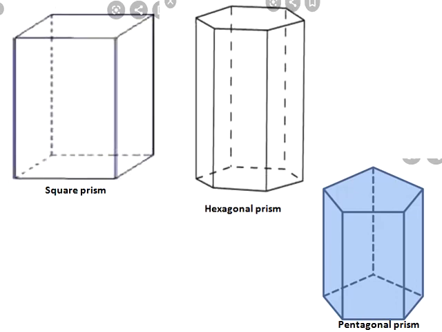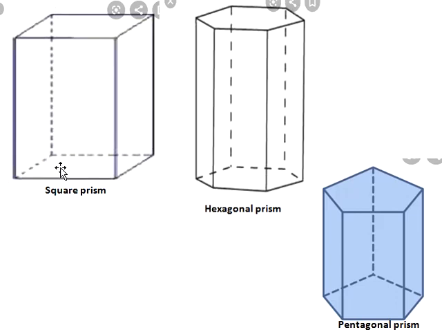These solids are broadly classified into two types, prisms and pyramids. Prism means it will be having one bottom face and similar top face. Depending on the shape of this bottom face, it is classified into square prism, hexagonal prism, pentagonal prism, like that.